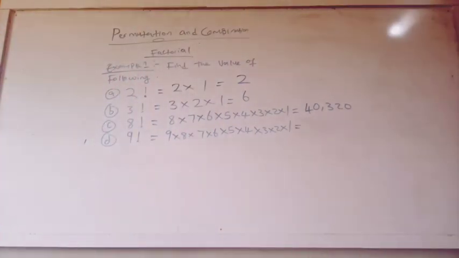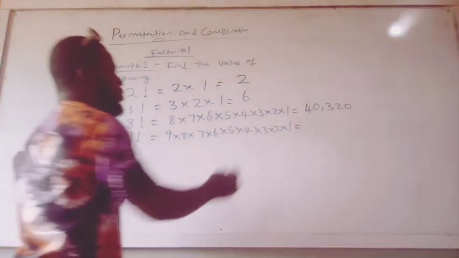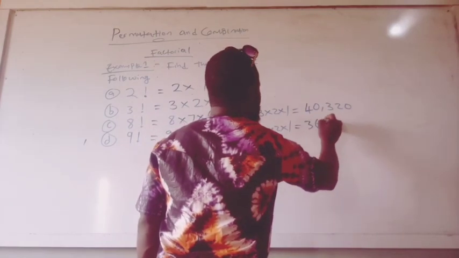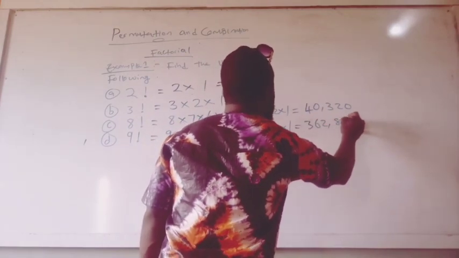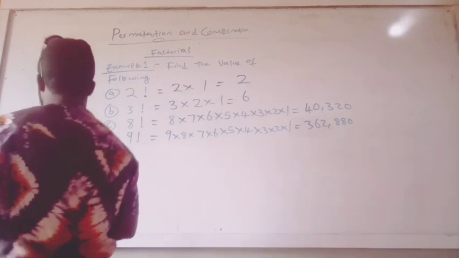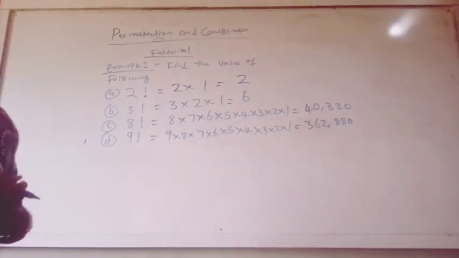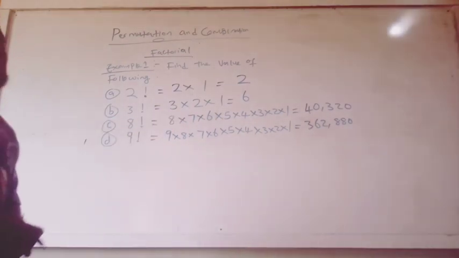Then let's go to the next one. I'll give you time to solve that, 9 factorial. And that will give you 362,880. That will be your answer. So these are the answers that you're going to have.